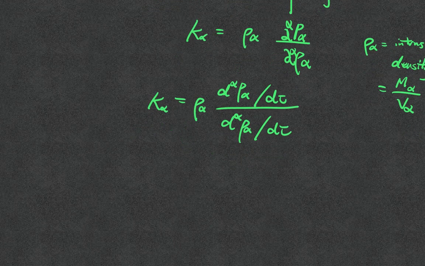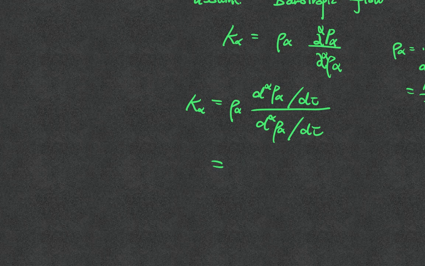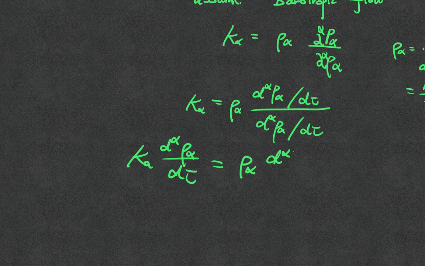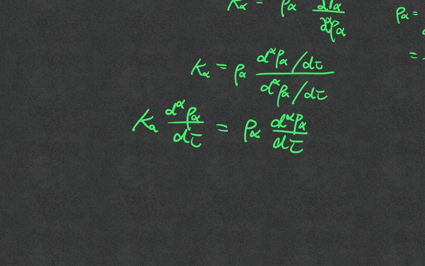Then what I would have is K alpha times the change of the density over time equals the intrinsic density times the change of the pressure over time. Does that make sense?